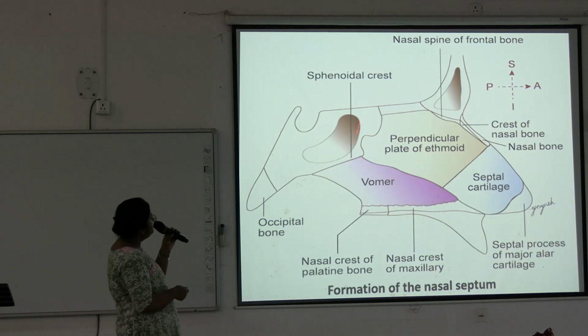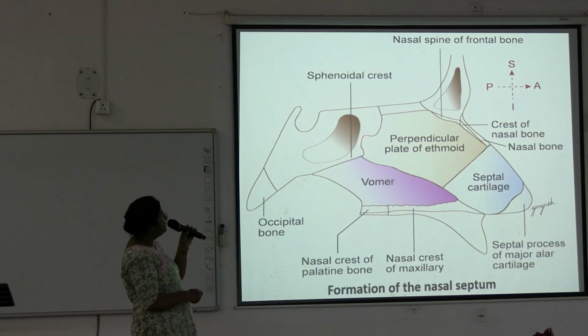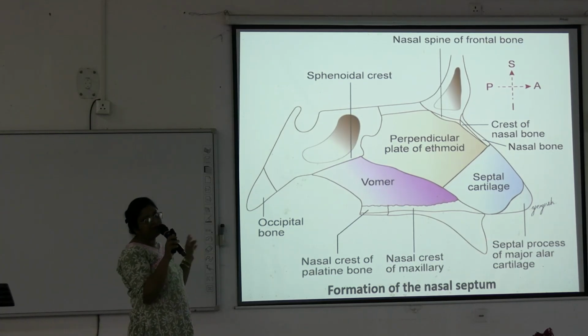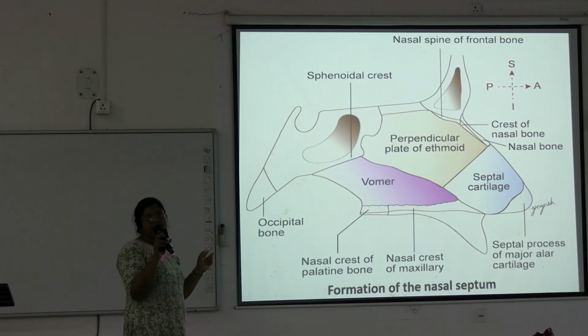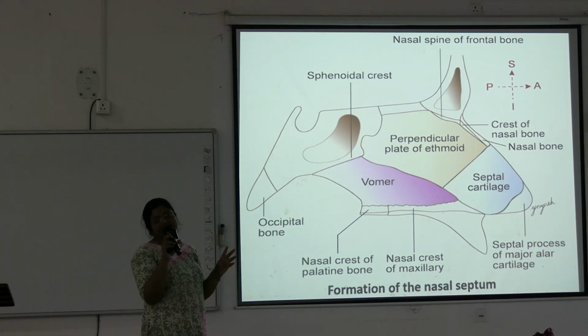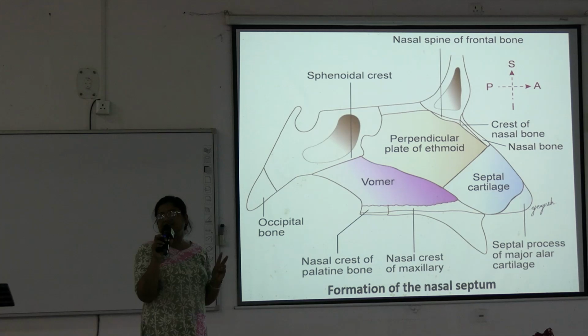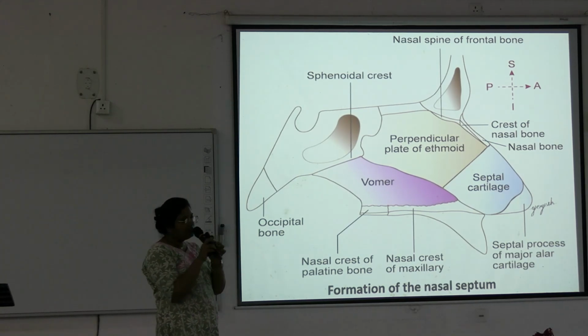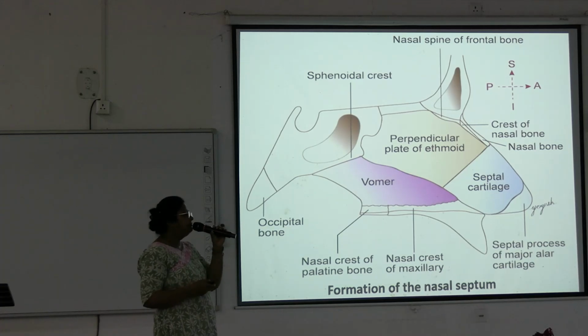See here, this is a schematic diagram of the nasal septum. You practice this diagram. Nasal septum can come as a short note. Blood supply of the nasal septum, Kiesselbach's plexus and Little's area, is very commonly given as a short note. So blood supply is very important.